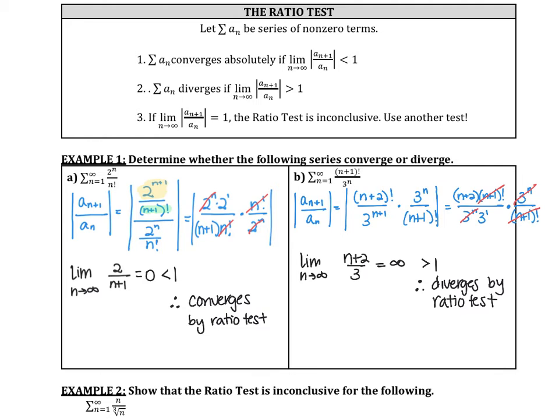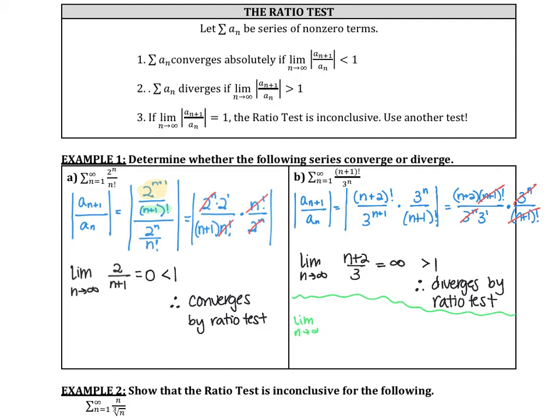Now, we could have used the nth term definition on this. You guys, there are multiple ways that we can solve these. And so I could have used the nth term, and this is what that looks like. If I had just taken the limit, the nth term only proves divergence.